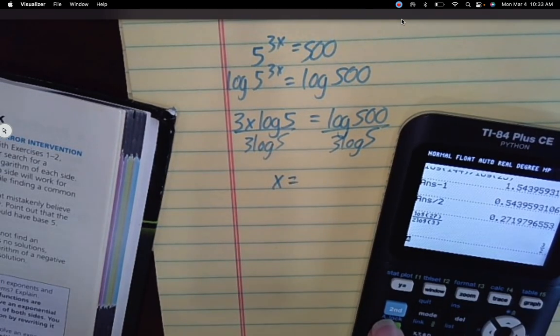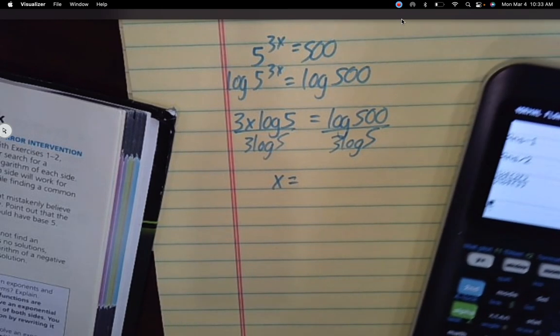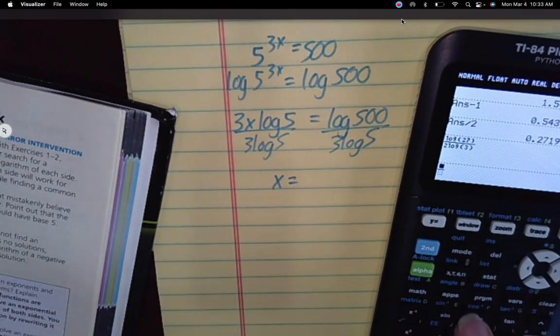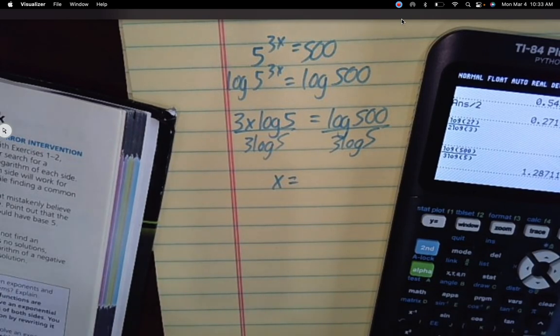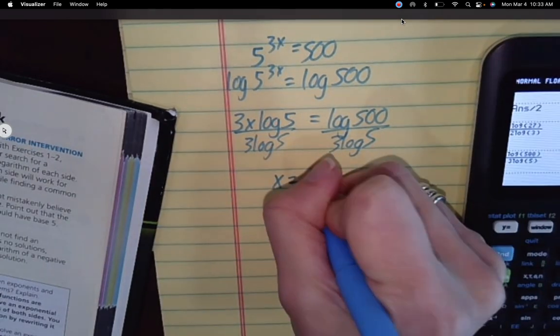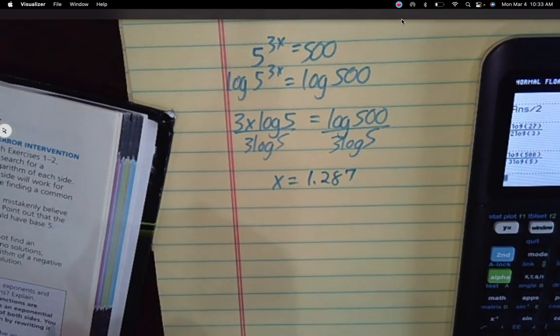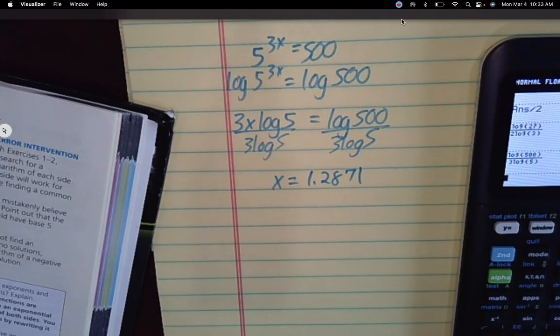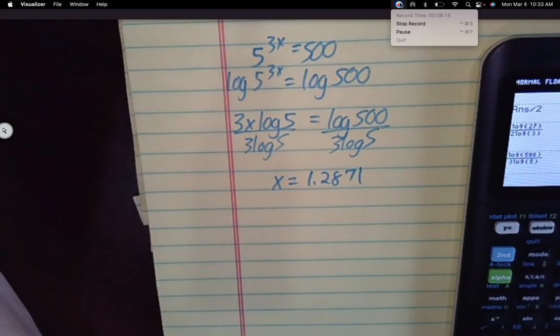So again, I'll use my green alpha button and make that big fraction. Log of 500 over 3 log 5. And I get 1.287. Or I'll go ahead and do it to 4 decimals. Okay. That's today's lesson in a nutshell.